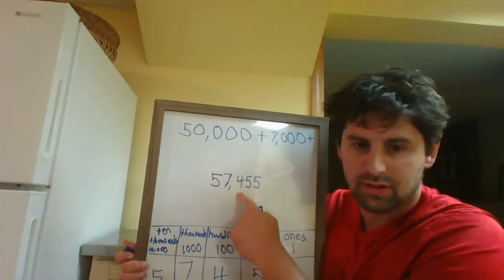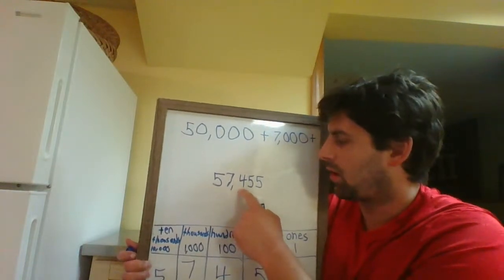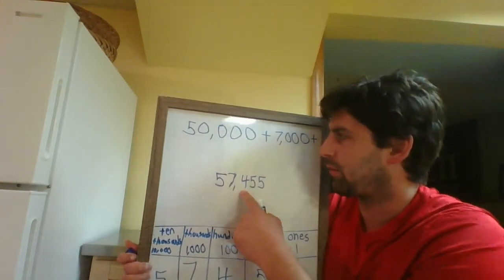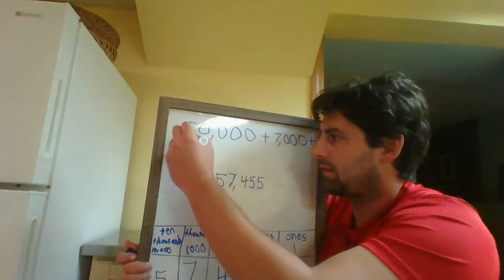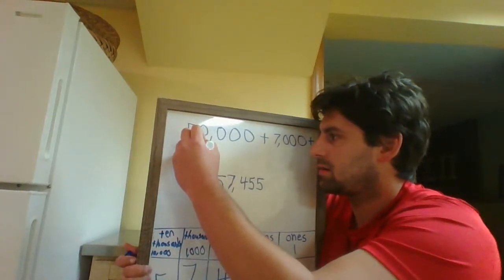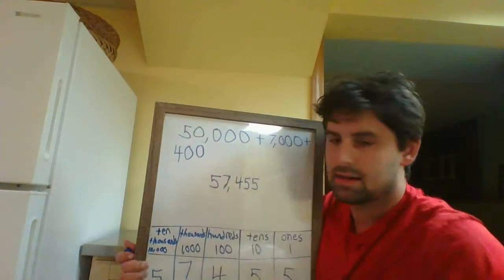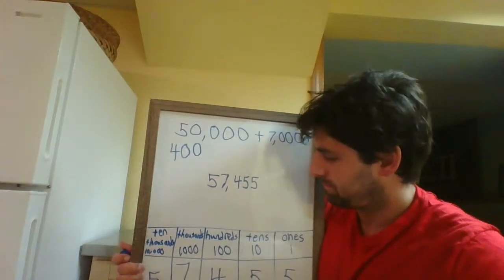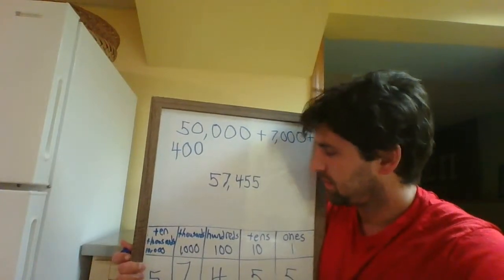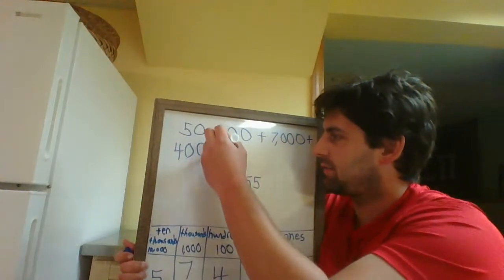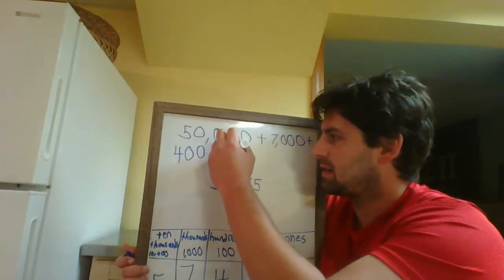So there's 400s in this problem. The 4 in this number has a value of 400. So I'm going to write 400 over here. The 5 in the tens place, 5 tens, has a value of 50.